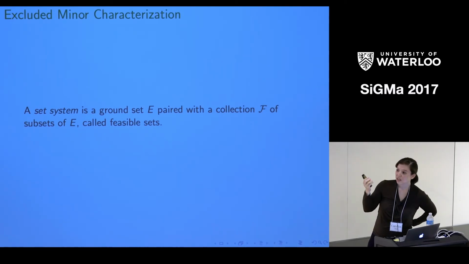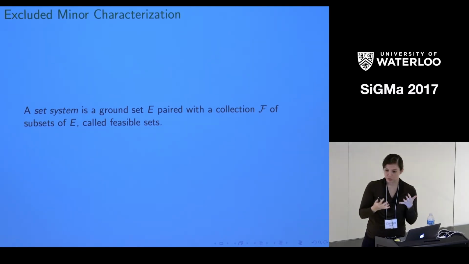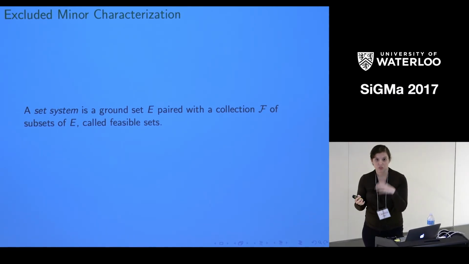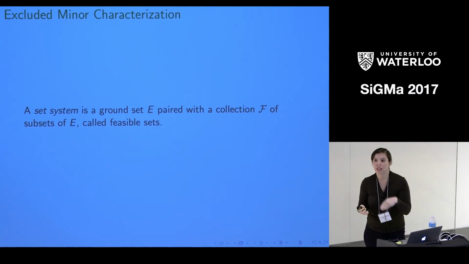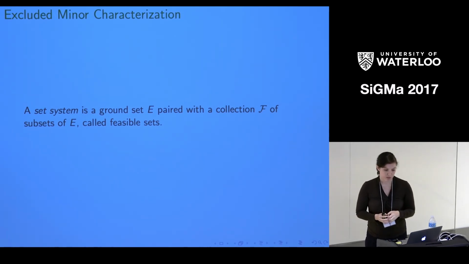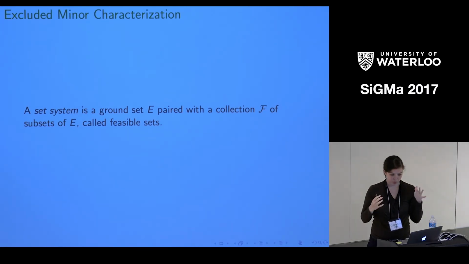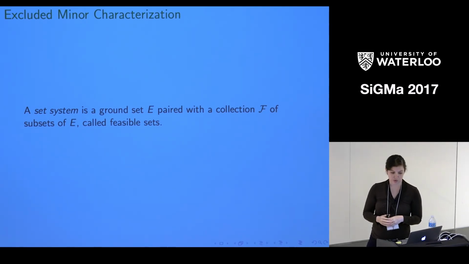So every ground set together with a set of feasible sets gives you a set system. If you have the symmetric exchange axiom holding, then you have a delta-matroid. But minors work the same in set systems. You have to use a little bit of care, but you can think of minors working the same in set systems as they do in delta-matroids.